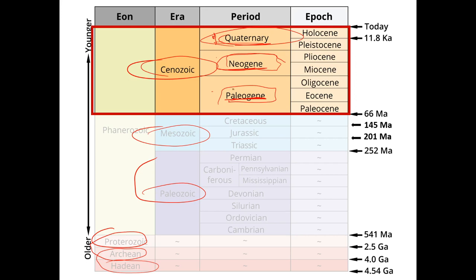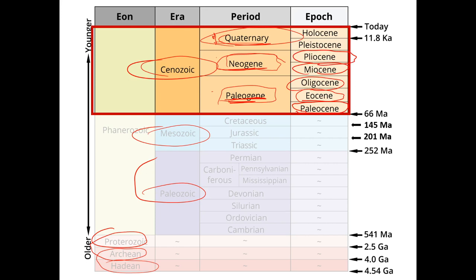Okay, so for the first time in the Cenozoic, you need to know epochs. Okay, so the Paleogene consists of 3 epochs. That's the Paleocene, the Eocene, and the Oligocene. The Neogene consists of the Miocene and the Pliocene.